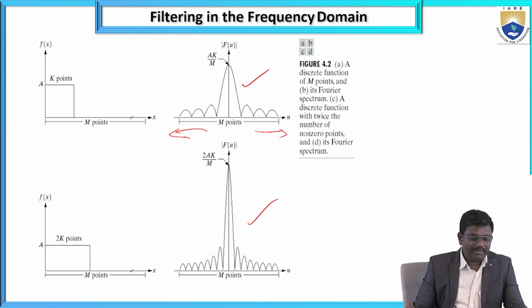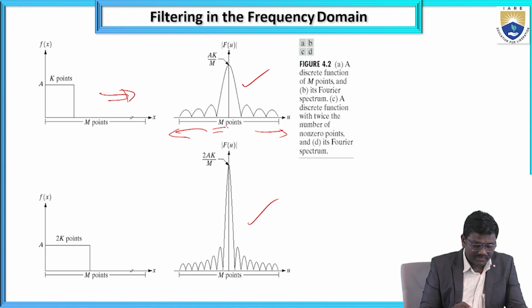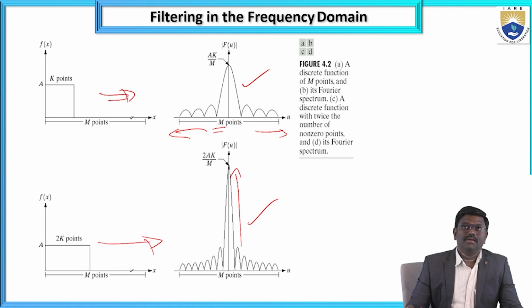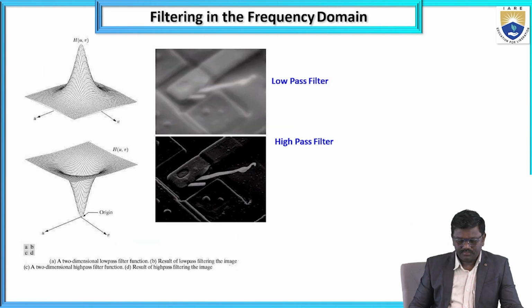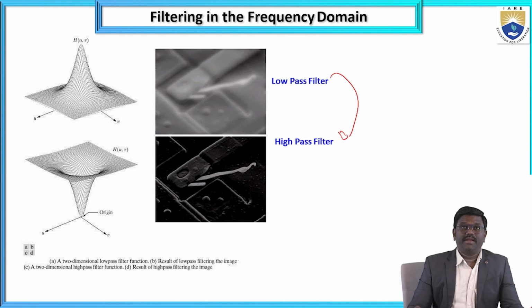For example, you take K point values and, based on the M request, extend to 2K points, then the expected sharpening frequency domain filter output will be attained. For example, take the differences between low pass and high pass filters, and see which one shows best.